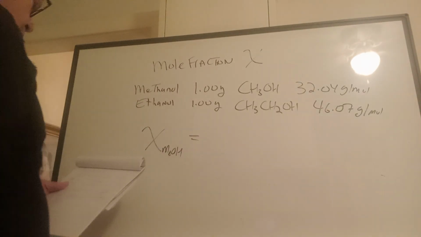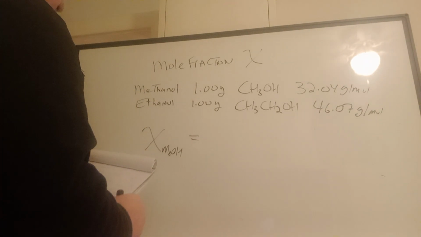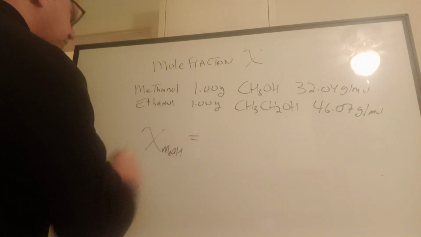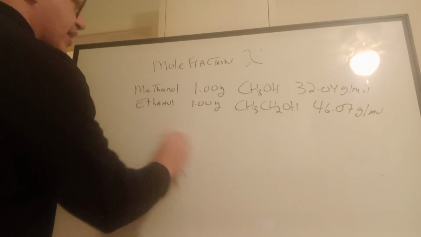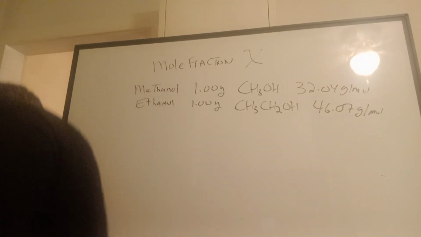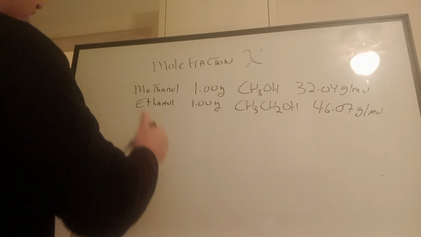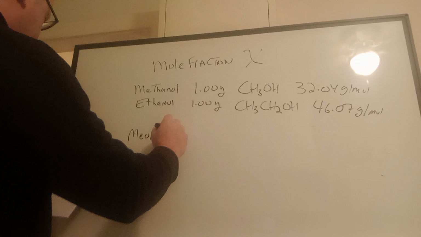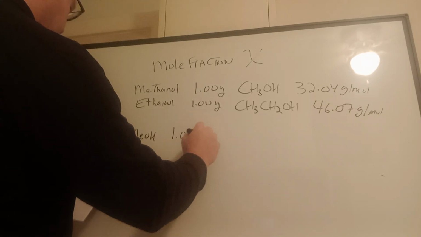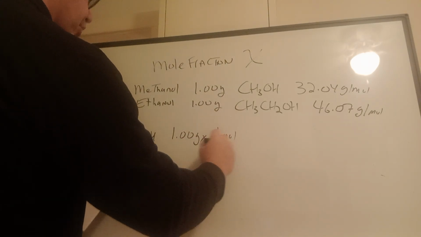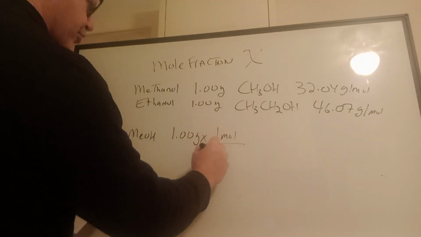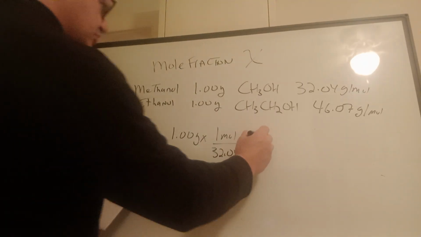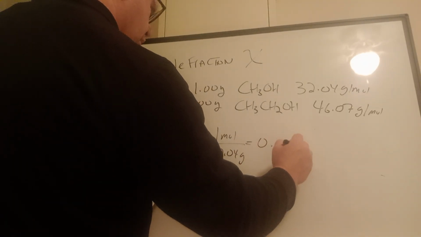So, first thing we have to do, I'm stepping a little ahead of myself here, let me erase this, is let's actually calculate the numbers of moles first, that's what I should be doing. So, we have, for example, for the methanol, 1 gram times 1 mole per the molar mass, 32.04 grams, and that gives me 0.03121.